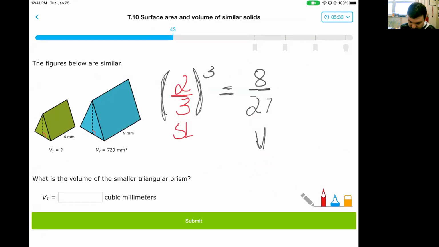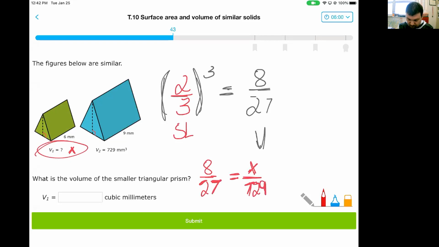Then I can use my proportion of 8/27. I can write down the volume of the first one, which is unknown. The reason I'm doing the first one is because the 8 represents the first shape and the 27 represents the second one. So X, and then I'll put 729 as the volume of the blue larger rectangular or triangular prism.